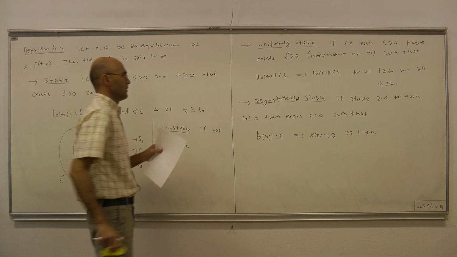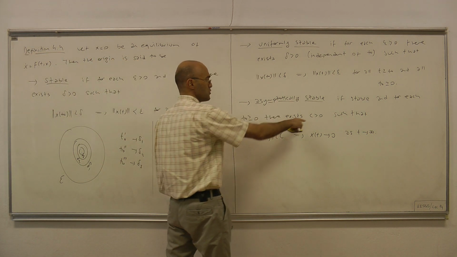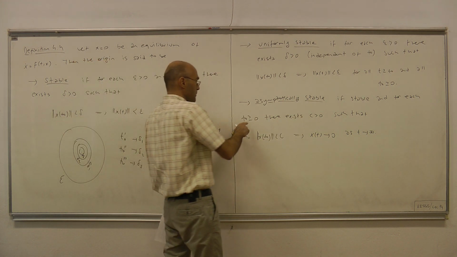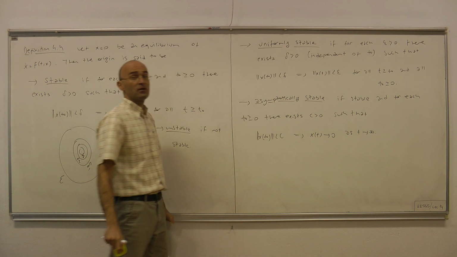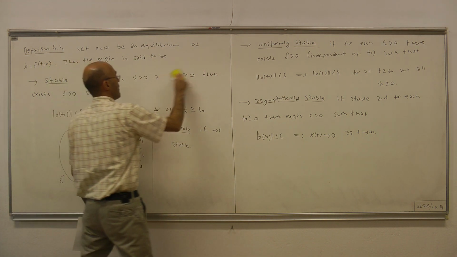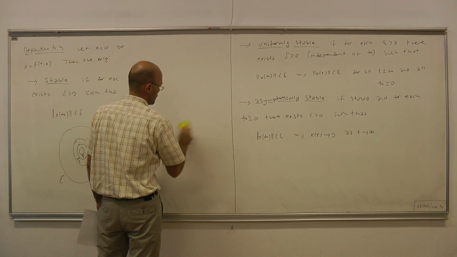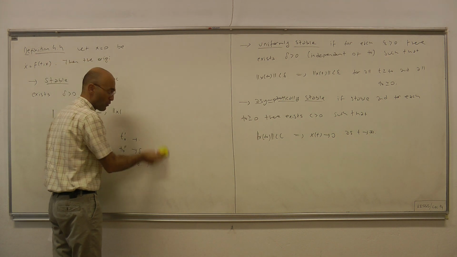And for many applications, you would like to figure out whether this c actually depends on t0 or not. That motivates the following stronger version of asymptotic stability called uniform asymptotic stability.